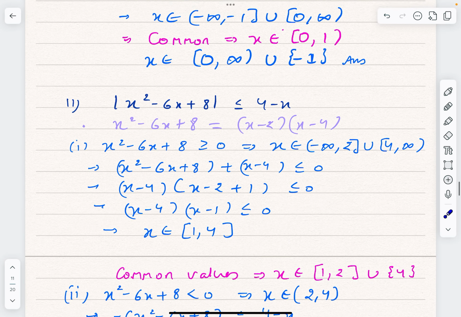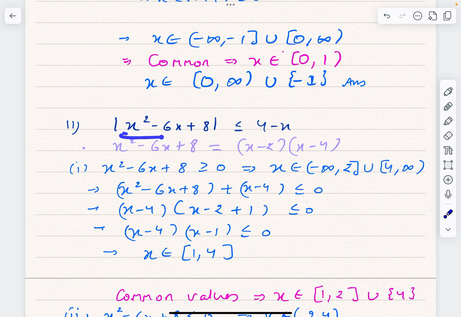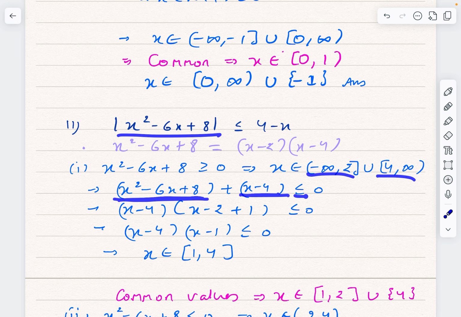Next we have mod of x square minus 6x plus 8 is less than or equal to 4 minus x. So here just again factorize this. x square minus 6x plus 8 is (x minus 2)(x minus 4). So when will this be greater than or equal to 0? When x belongs to minus infinity to 2 union 4 to infinity. Mod opens with positive sign. We get x square minus 6x plus 8 plus x minus 4 less than or equal to 0.